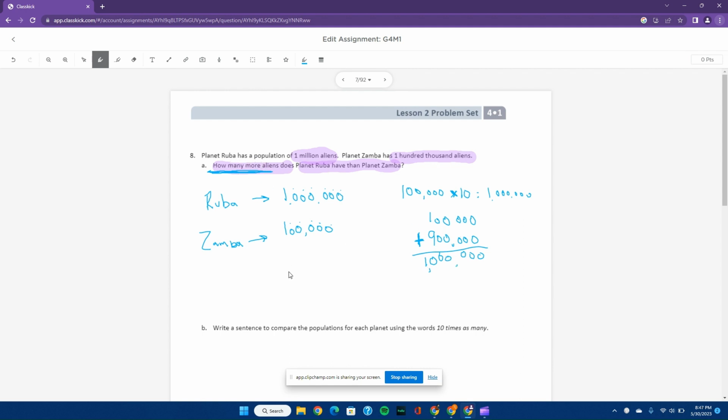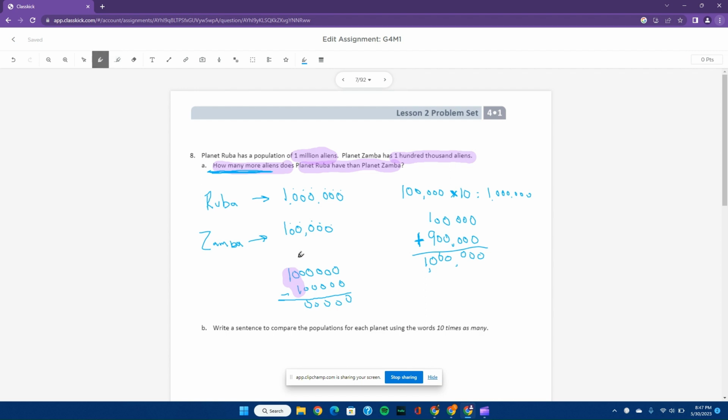I mean, I could have done this the other way, where I do 1 million minus 100,000. 0, 0, 0, 0, 0. And then I would just have to sort of think of this as 10 minus 1. I could regroup it if I really wanted to.